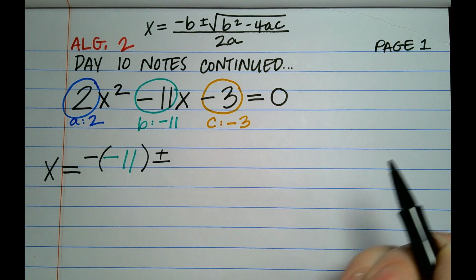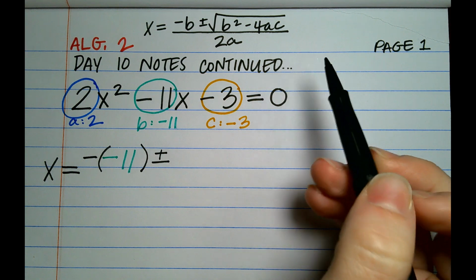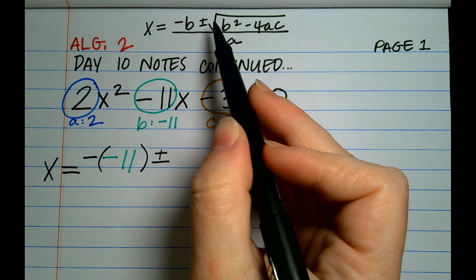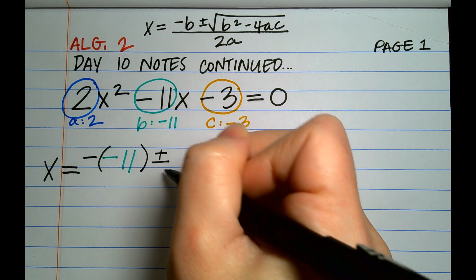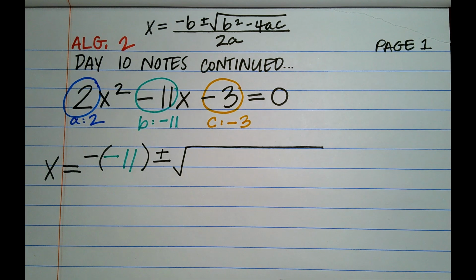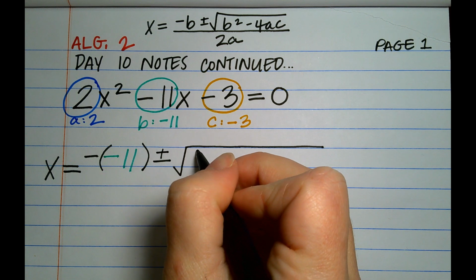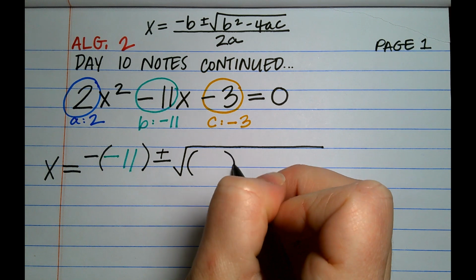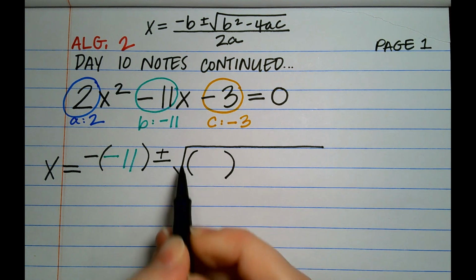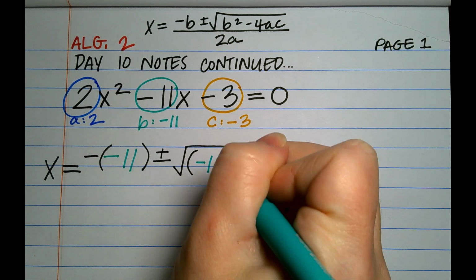Okay. Next, what do I write? The square root. Okay. Now I'll make a little space here. Under the square root, what number comes next? Negative 11 for b.